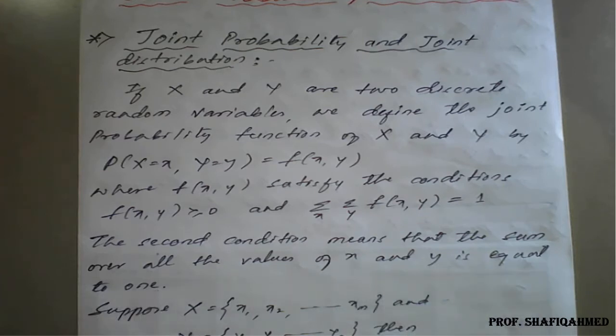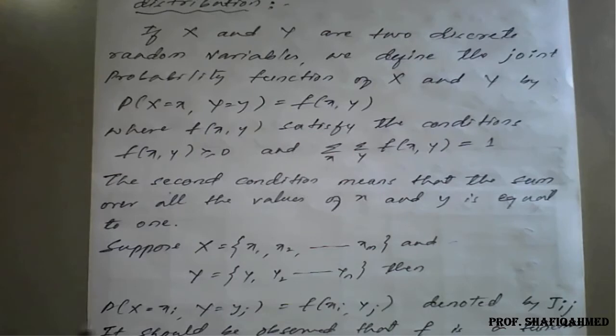So the second condition means that the sum over all the values of small x and small y is equal to 1. Suppose capital X takes the values x1, x2, so on xm, and capital Y takes the values y1, y2, y3, so on yn. Then the probability of capital X equal to xi and capital Y equal to yj is nothing but f of xi comma yj, denoted by J of ij, where i belongs to x and j belongs to y.